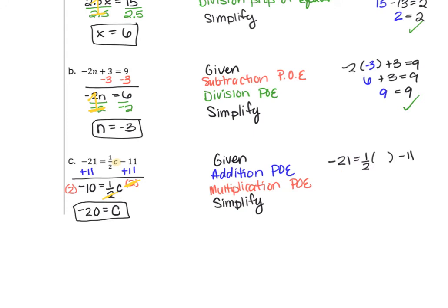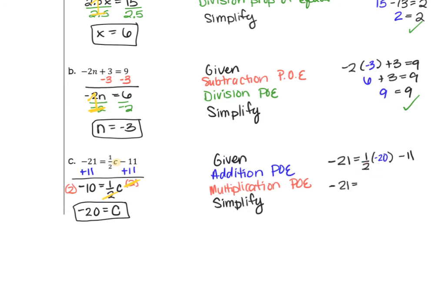So now we're going to check my answer of c equals negative 20 by substituting it back into the original equation for my variable. So you're going to put the negative 20 there. So we have negative 21 is equal to 1/2 of negative 20.